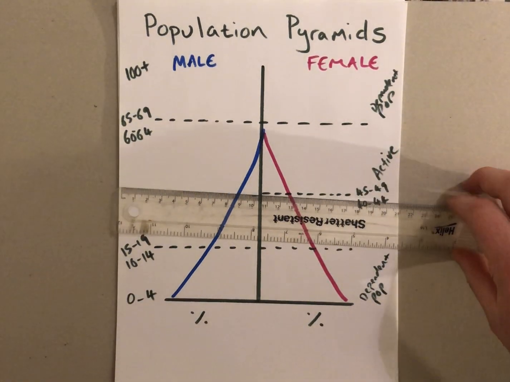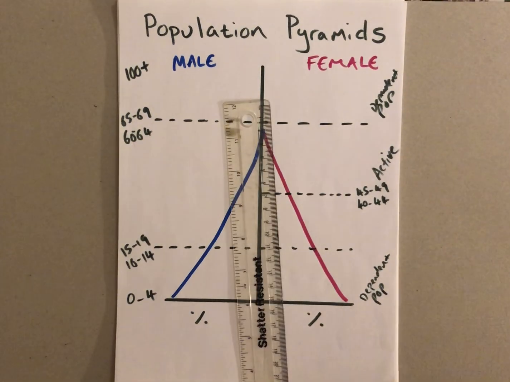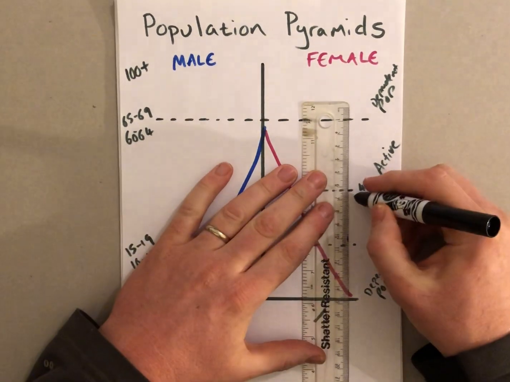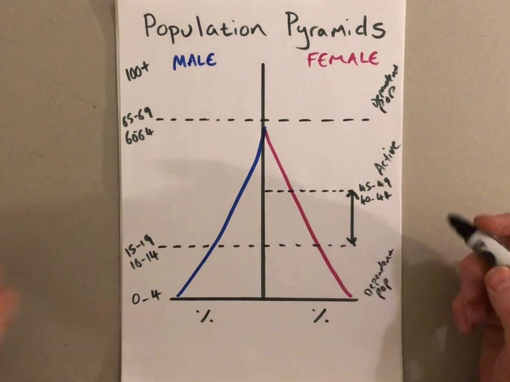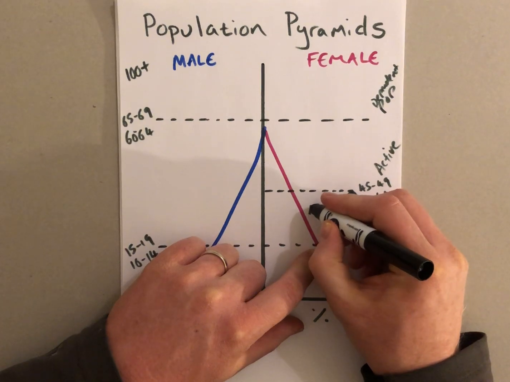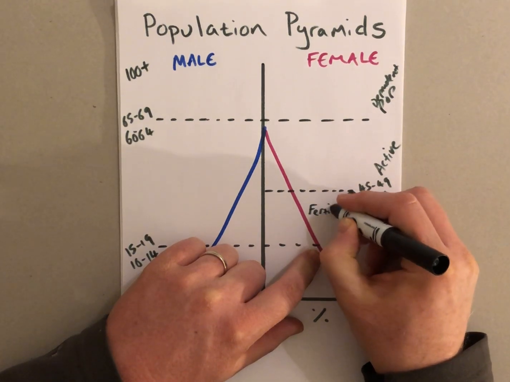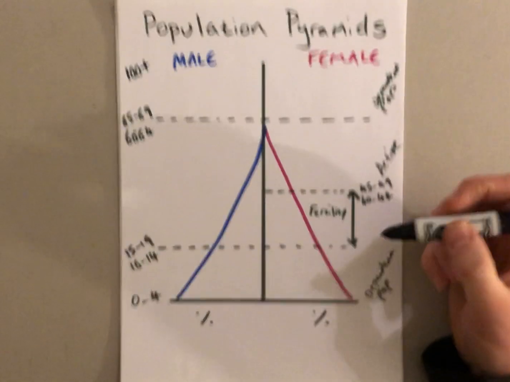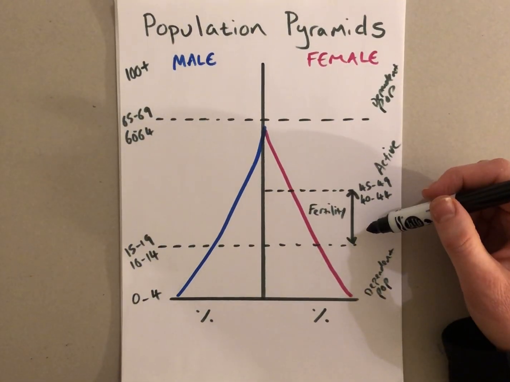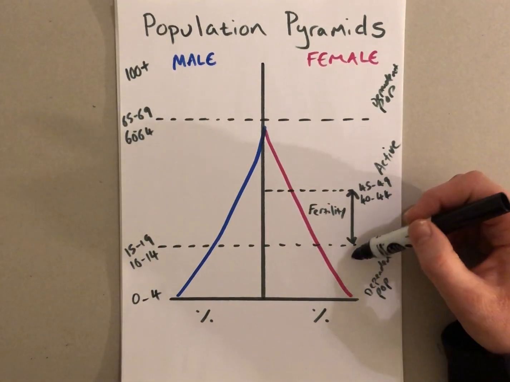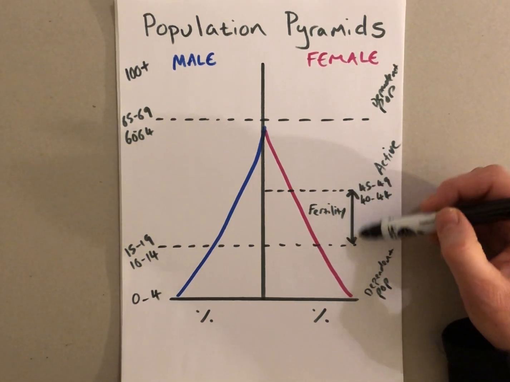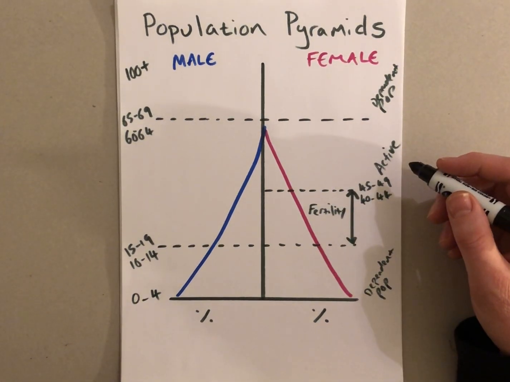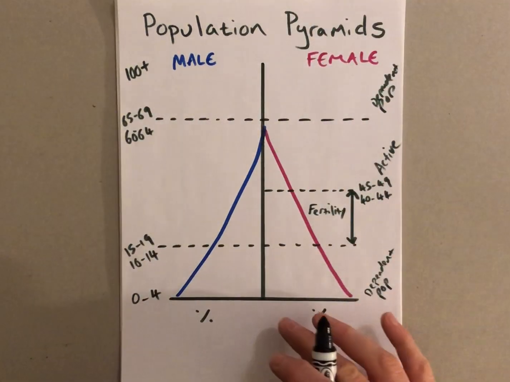So what we've got between these years is that while these are the active females, this also marks the ages at which women are most likely to have children. So between the ages of 15 and 45 is our sort of fertility period in which women will have children. So this is the basic structure that we've got.